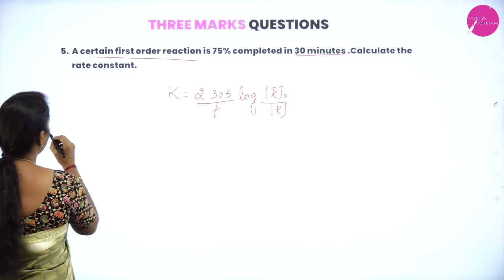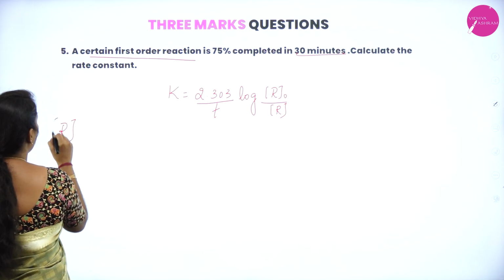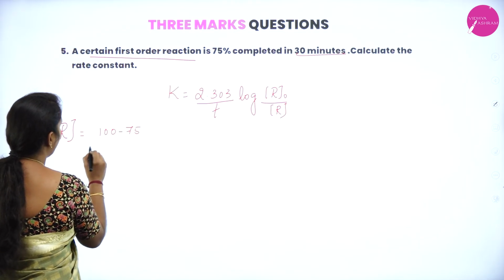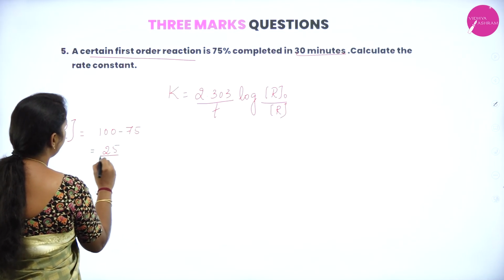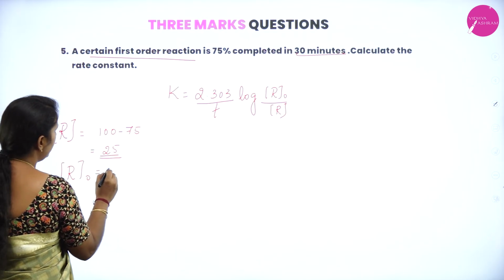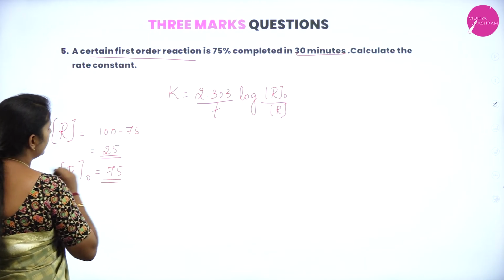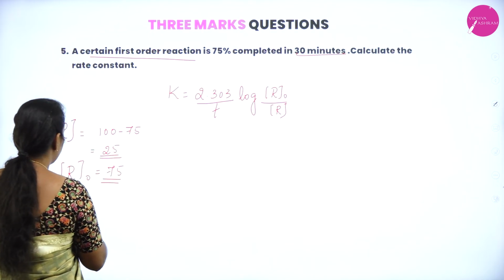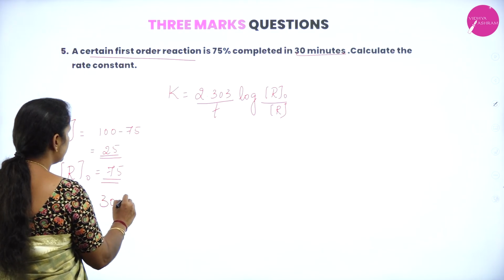So here the concentration of R is given by 100 minus 75, which is 25. R0 is 100, in percentage. The time is given, 30 minutes.